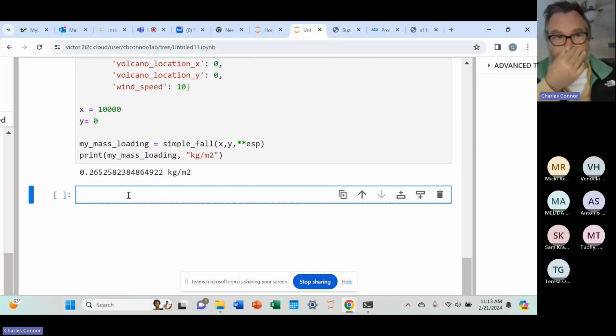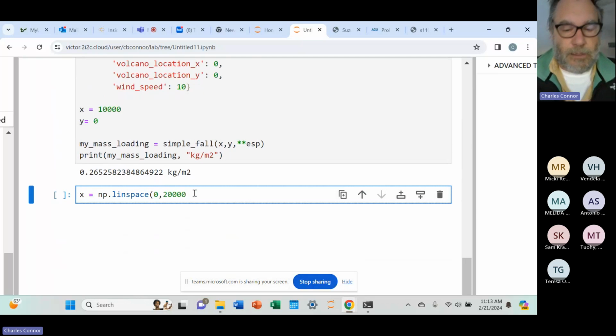So I'm going to instead do what I did last time and specify X as a set of numbers. So let's just say X is equal to np.linspace. That function linspace, which means I'm going to put in numbers from 0 to 20,000, and I'm going to put in 1,000 numbers, right? So when you use a range, this third number is the interval between values.